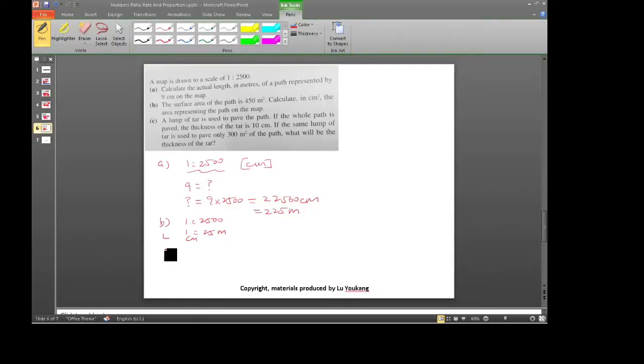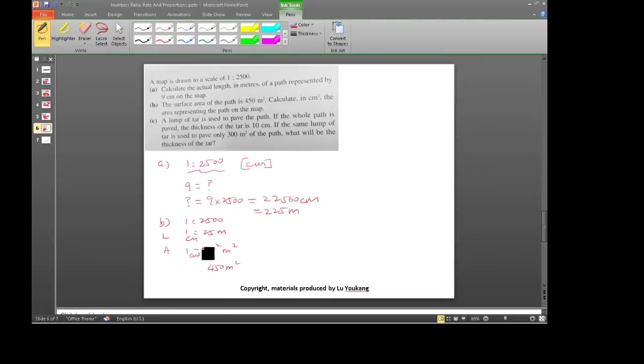That is our length ratio. So with this length ratio, our area ratio is 1 cm squared to 25 meter square. So now we are asked to find the cm square represented on the map with a 450 meter square.